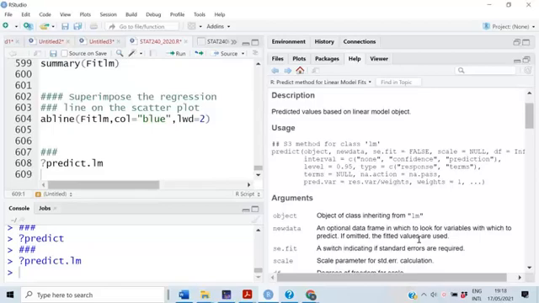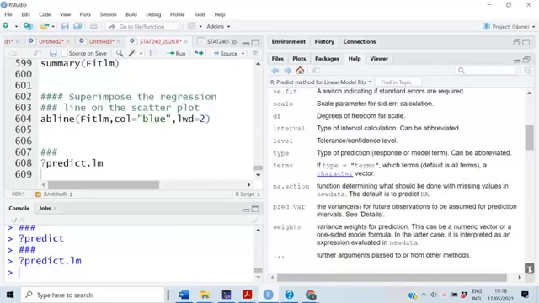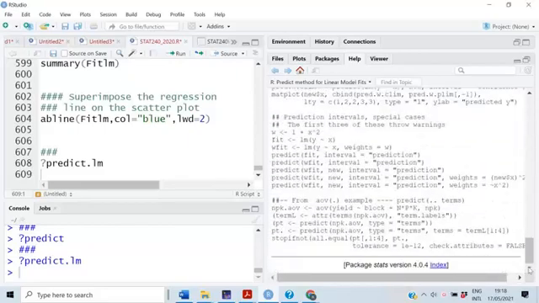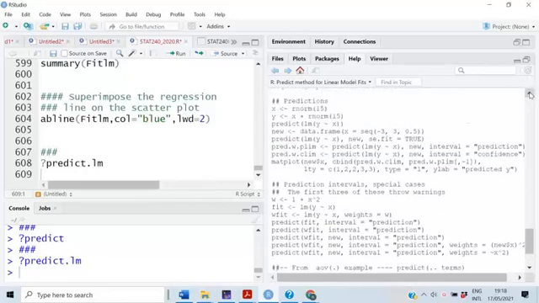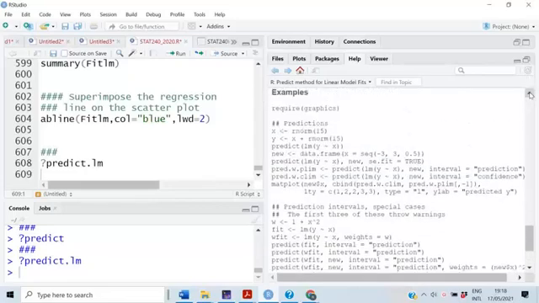Now, if I want new values, then you must have new data. And if you scroll down, you will see how the new data is. Where is new? New is a data frame, see.